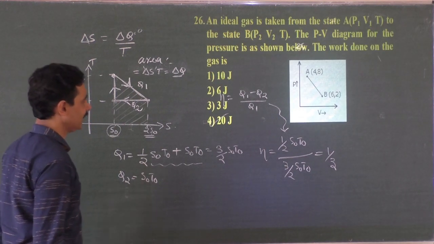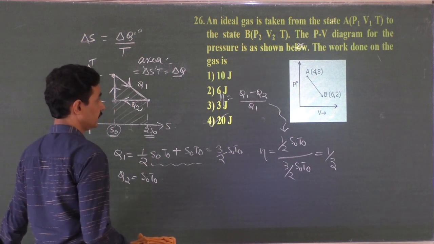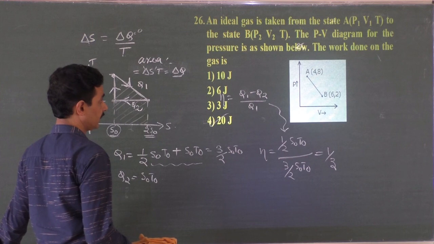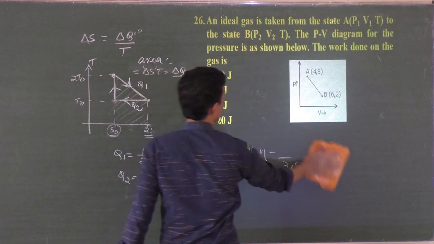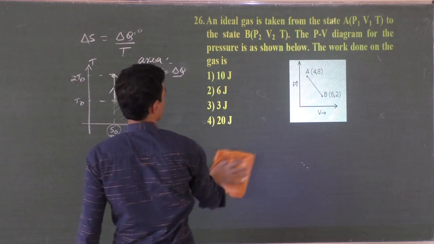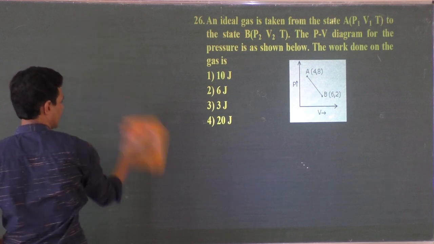An ideal gas is taken from state A to state B, P1 V1 T1 to P2 V2 T2. The pressure versus volume diagram is as shown below. Then work done is simply the area under the PV diagram.